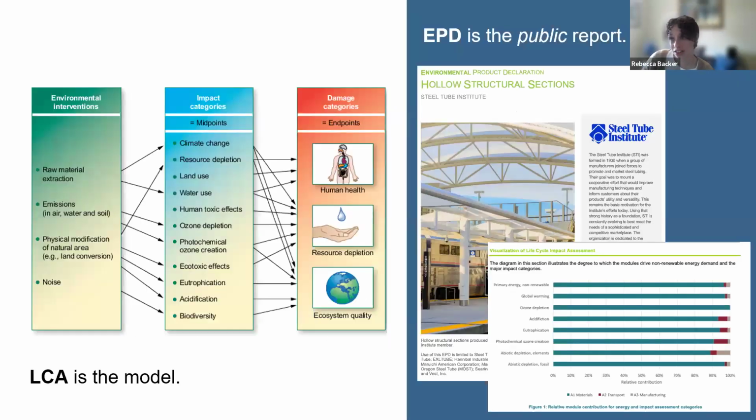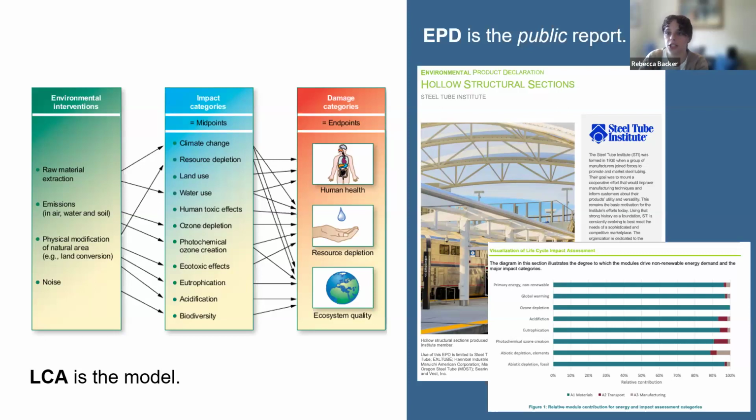Pictured here on the left is a very simplified way of describing what exactly a life cycle assessment model does when we're using it to evaluate the impact of a building product.